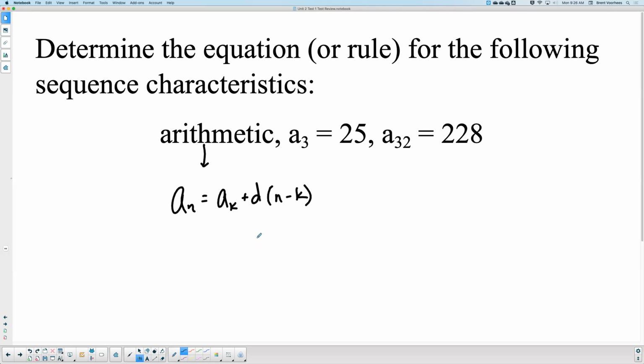So in this problem, if A3, what are we going to say A3 is represented by in the formula? AK. I agree. That's going to be our AK, which means K is going to be 3. In case anyone's not tracking with that, AK is 25. K is 3, just to make sure we're clear on that.